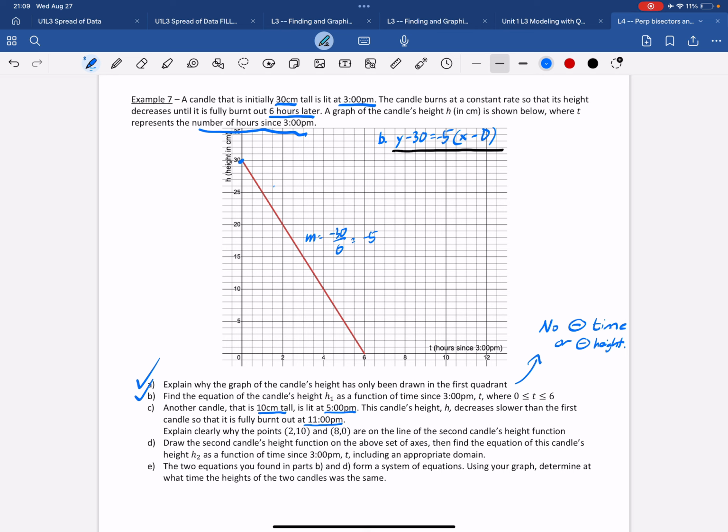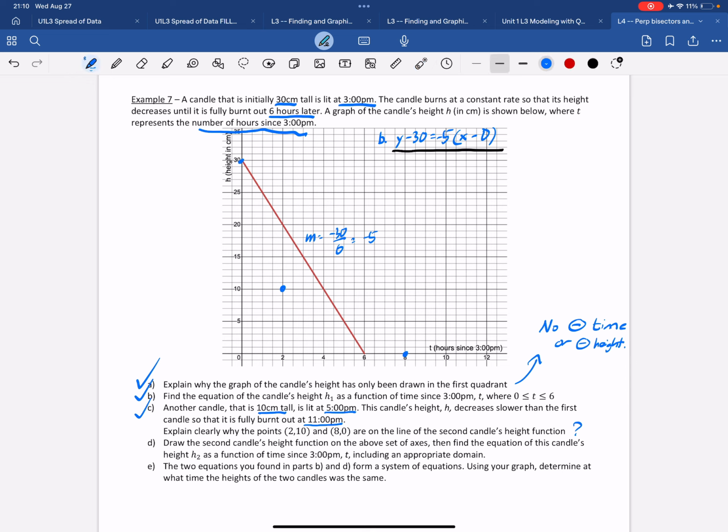So (2, 10) is here, and (8, 0) is here. Two hours later, 10 centimeters tall. And from 5 to 11 is 6 hours. So this is at 2, so it's 5 p.m. 6 hours later, it goes to 0. So hopefully you were thinking that same kind of thing.